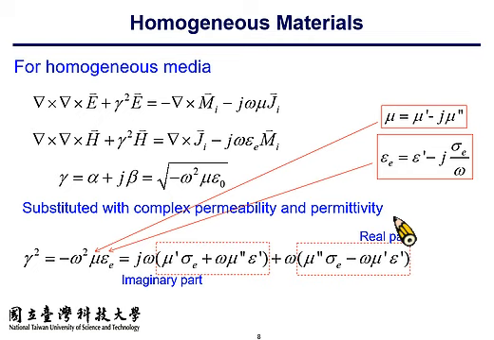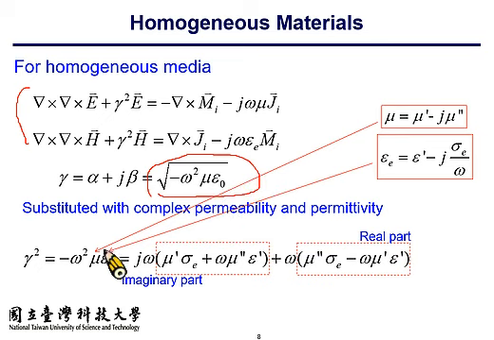So with the substitution of the propagation constant gamma, the two equations can be rewritten like this, where gamma is a complex number represented with alpha plus j beta, and it is the square root of minus omega squared times mu times epsilon sub e.